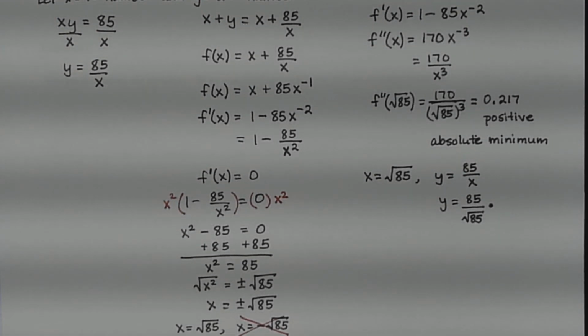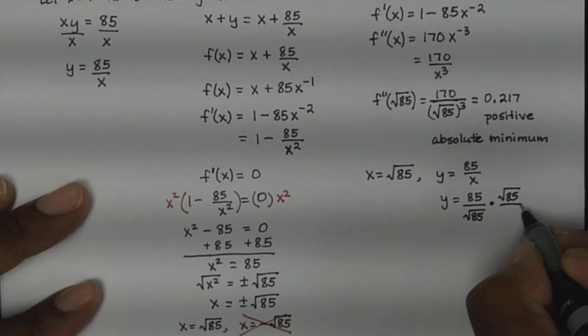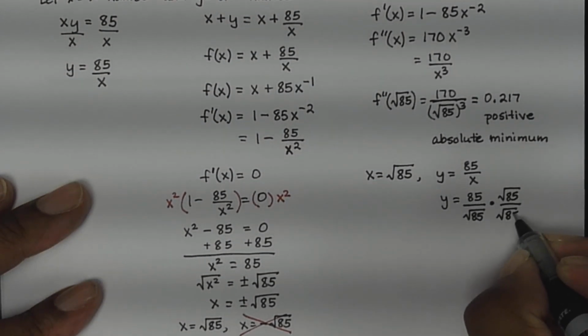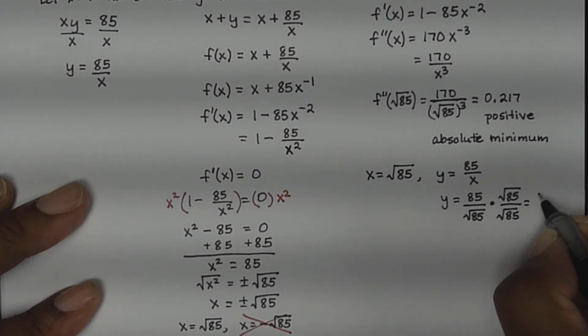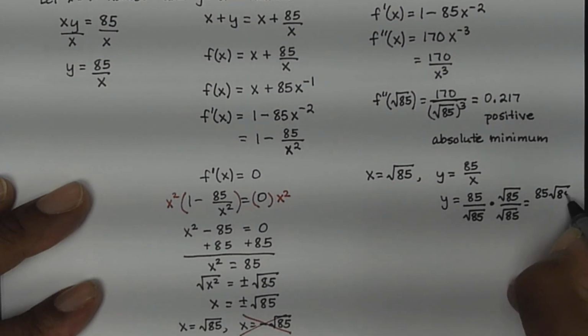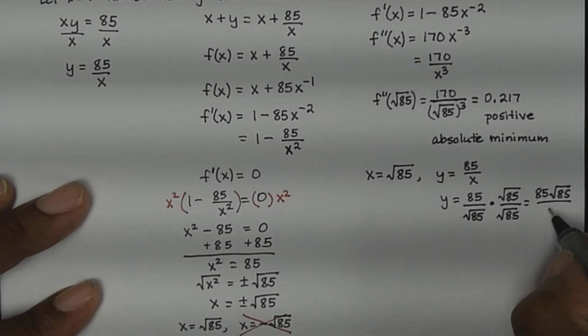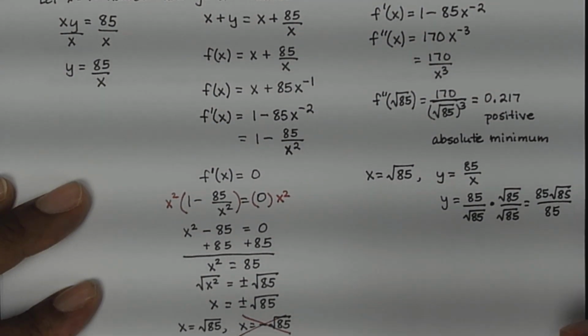And they want you to do that by multiplying the numerator by the square root of 85 and the denominator by the square root of 85. So here you're going to have 85 times the square root of 85 over the square root of 85 times itself. It eliminates the radical.